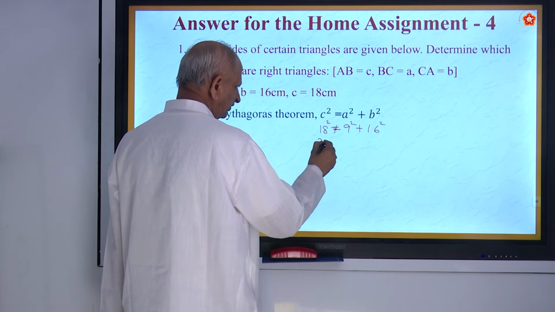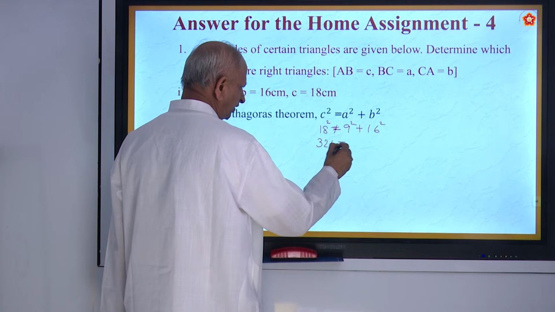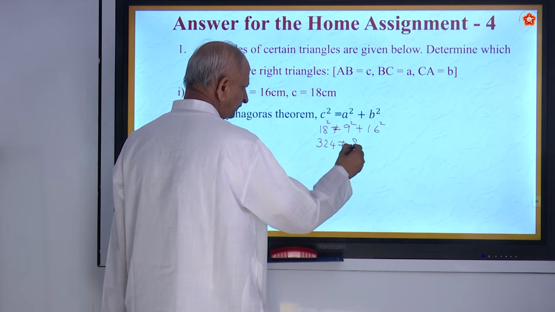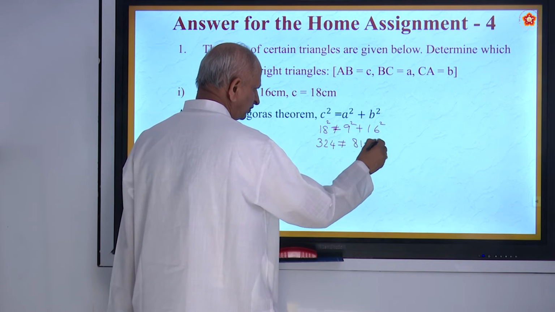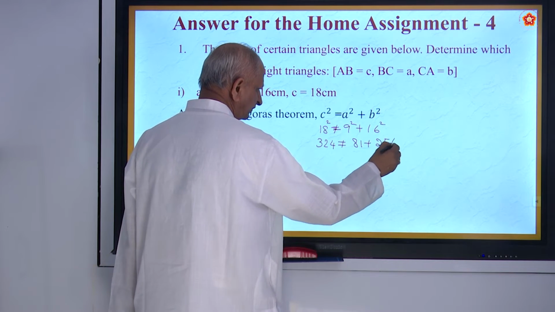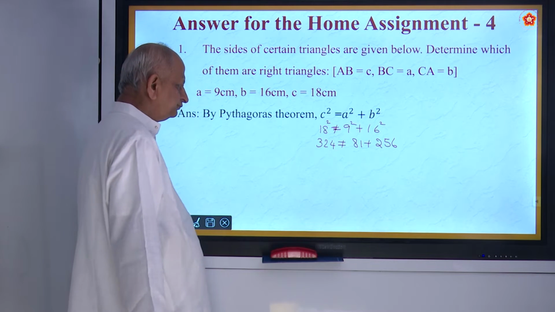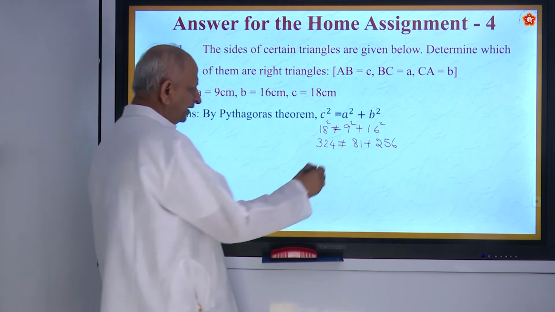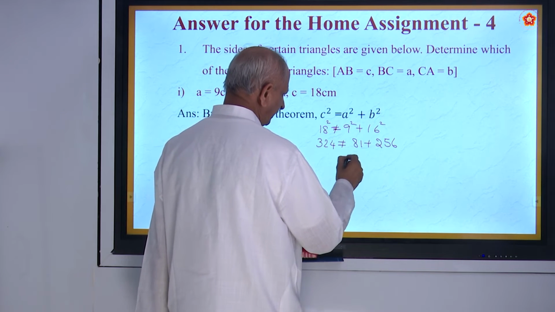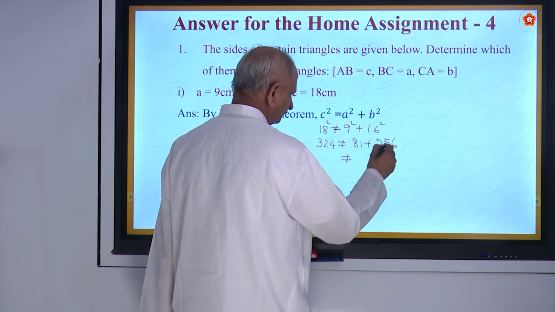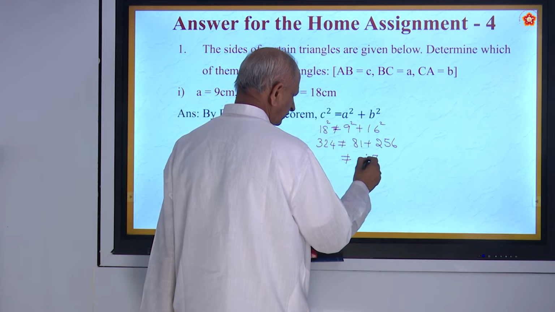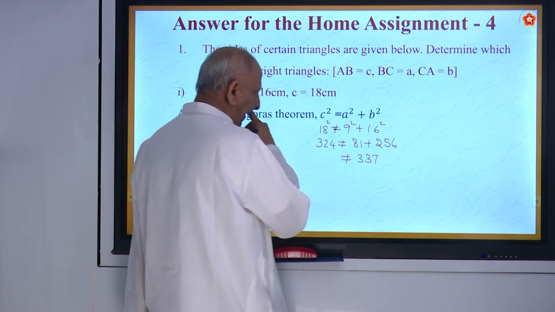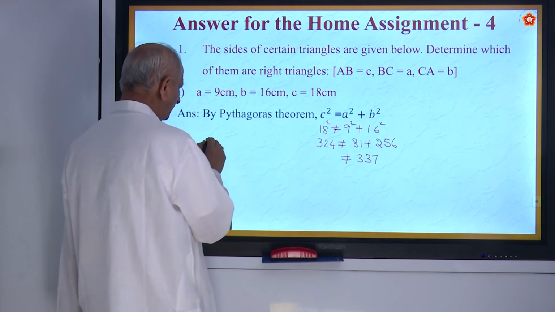What is 18 square? 324. Is it equal to 81 plus 256? If you add these two, we get 337. So therefore, what is the answer you write?